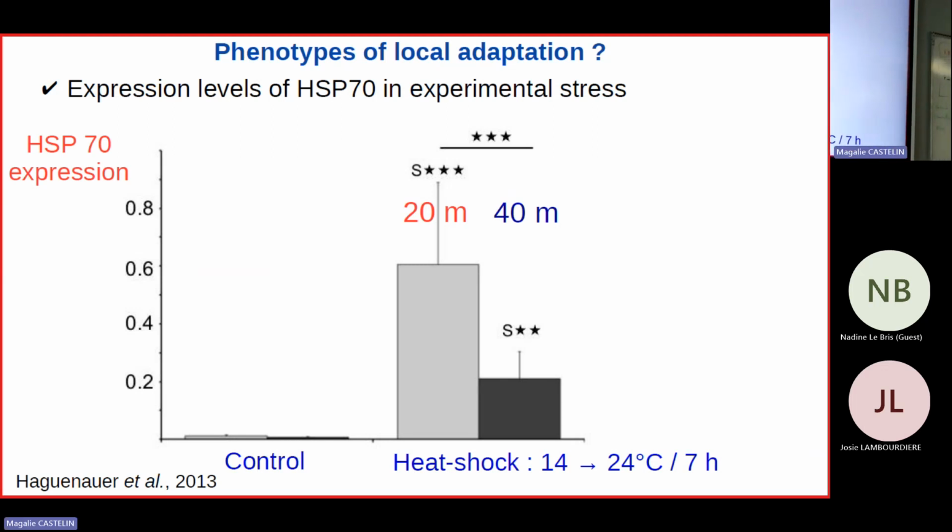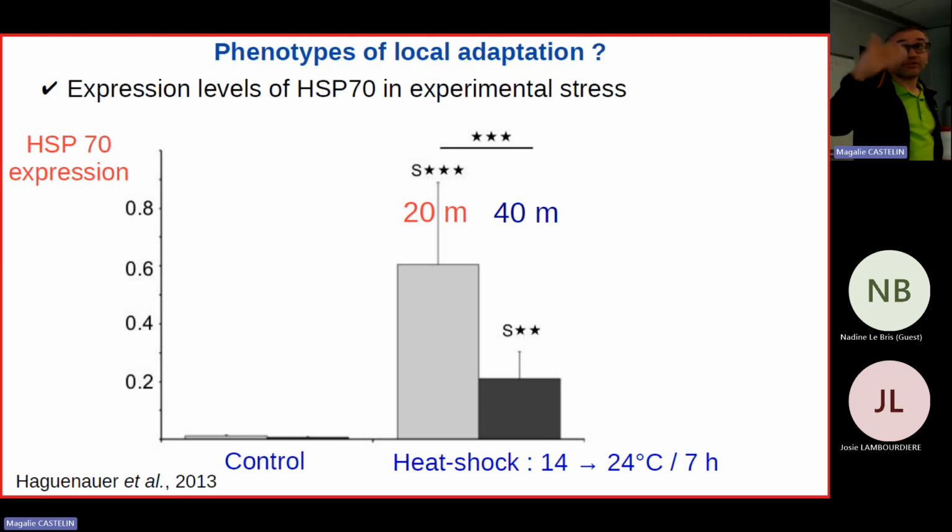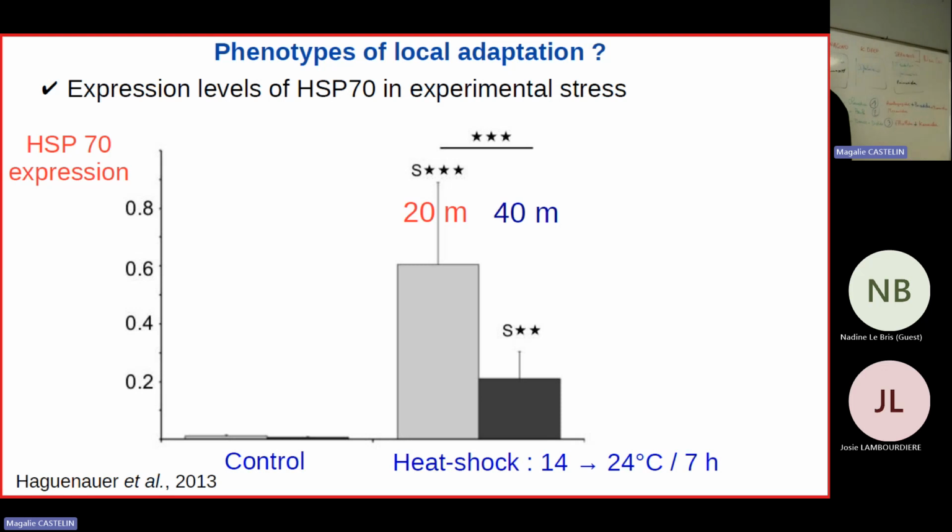HSP is for heat shock protein. These are proteins expressed in various organisms when they are submitted to heat stress. And we see that the 20 meters colonies have a higher reaction, more expression of HSP than 40 meters. So we really have differences in response to thermal stress between depths.